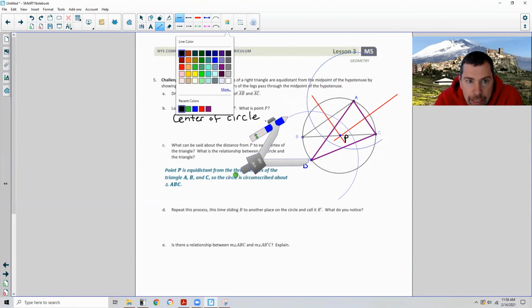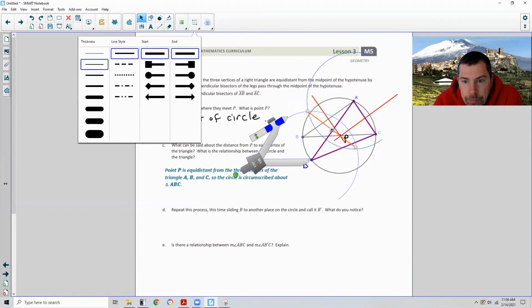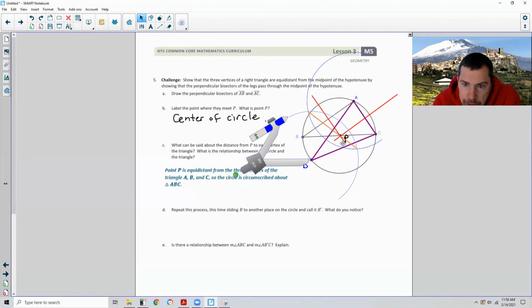So I will do that in orange. And that will go from this point here, if I were to use a ruler, to this point here. Notice it's going through P as well. Let's make that a little thinner. Okay, so there is my perpendicular bisector of AB prime.